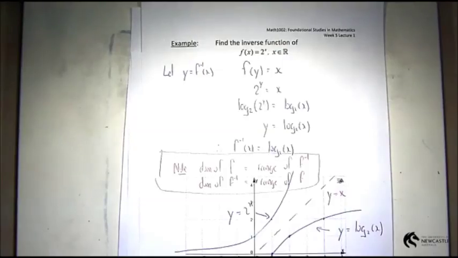So there's the line y is equal to x, and they do indeed look like they're reflections across that line. You can imagine that one flipping over to that one, and vice versa. The domain and range of these are all real numbers, so they're naturally going to be equal on that one.